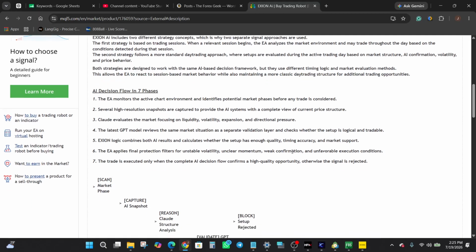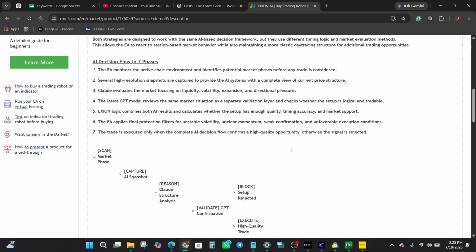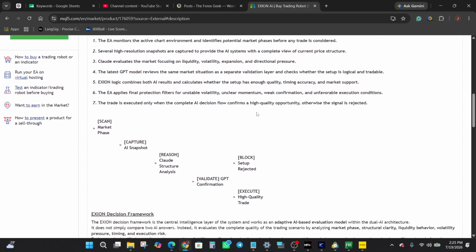The listing also describes testing across different gold market conditions and broker environments before release.